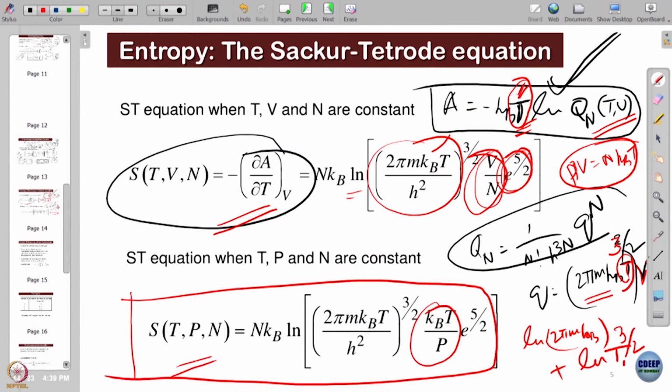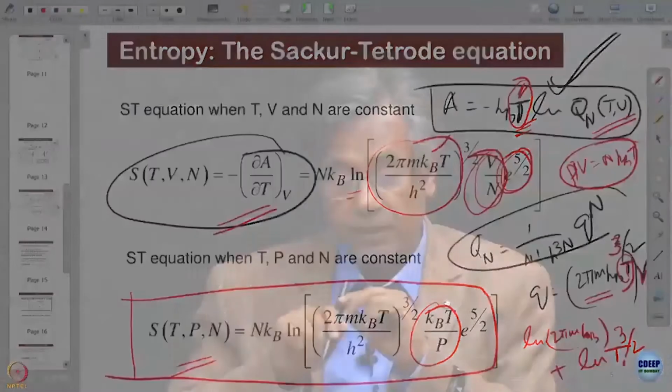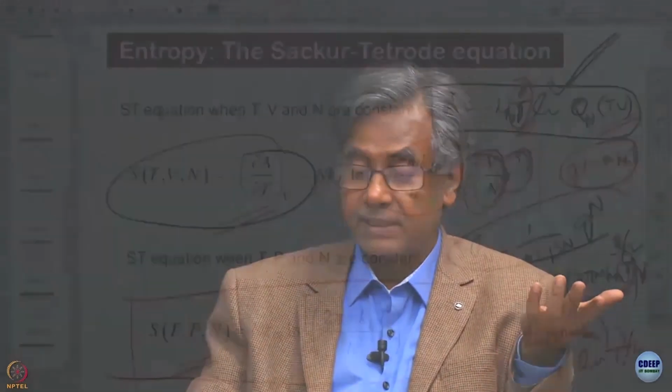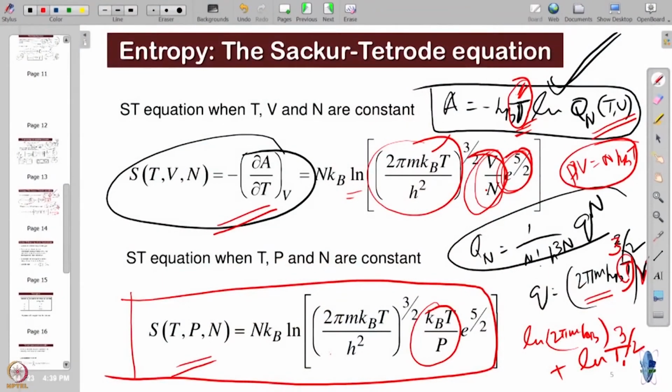The beauty of it is the following: the V by n that comes here when you do the calculations is a very important thing. It is very important to understand that this is what makes everything an extensive quantity. So, the entropy that I have here is proportional to n, as it should be. Everything else inside is an intensive property. The temperature is an intensive property, pressure is an intensive property.